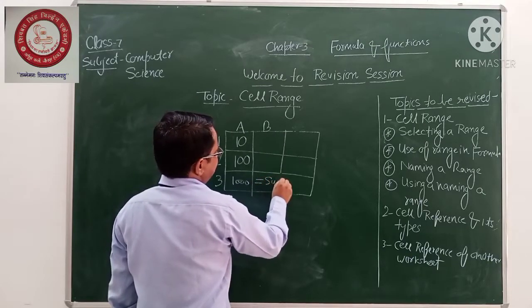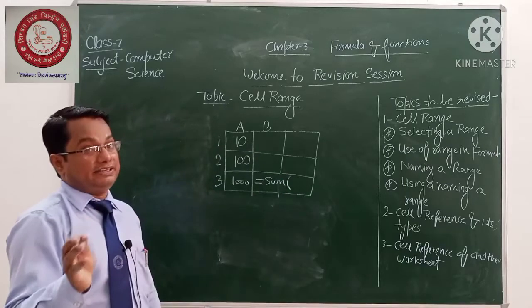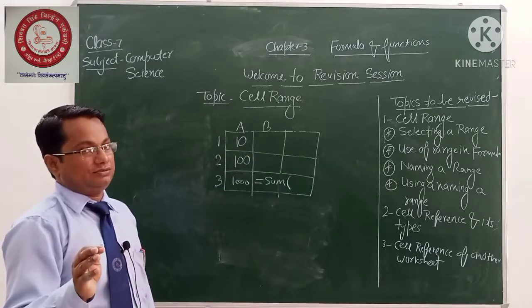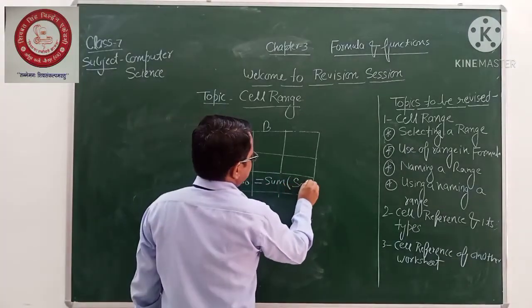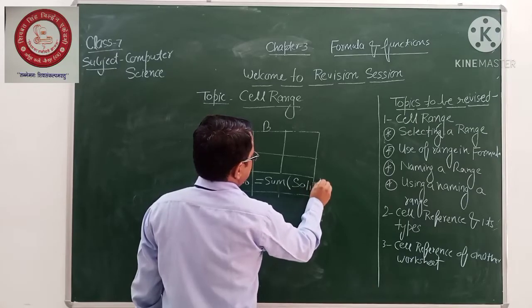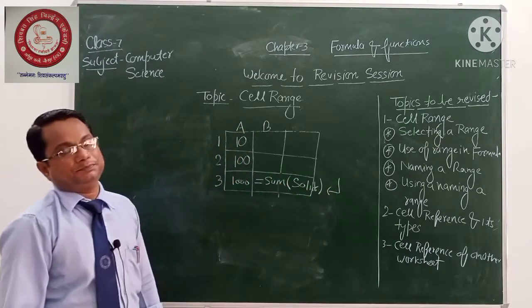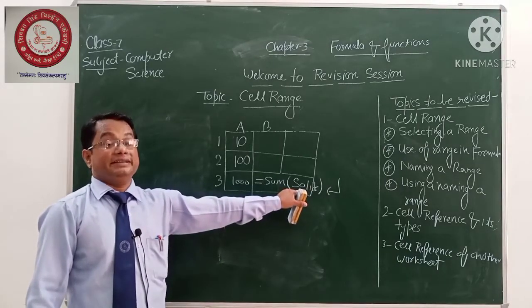So you will write here sum. Earlier you wrote the range, but right now we have given a name to the particular range. The name I have already given is solids. Once you press the Enter button, you will get the result. So right now, there is no need to use the range here.